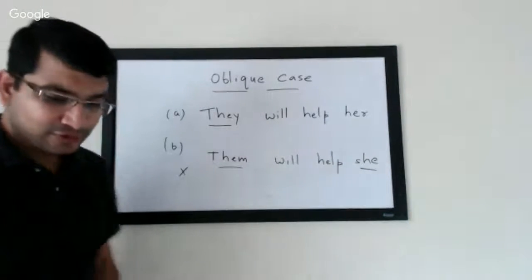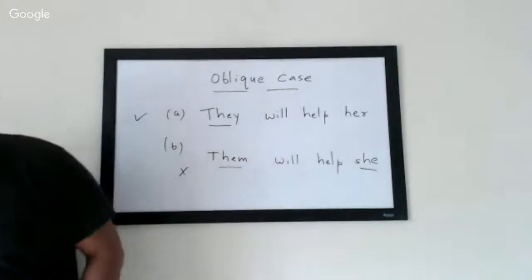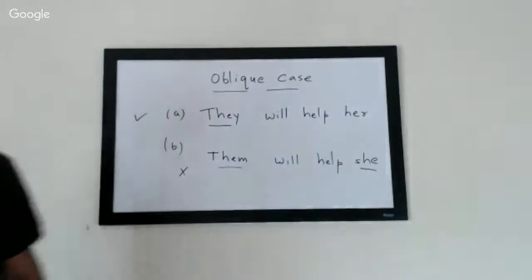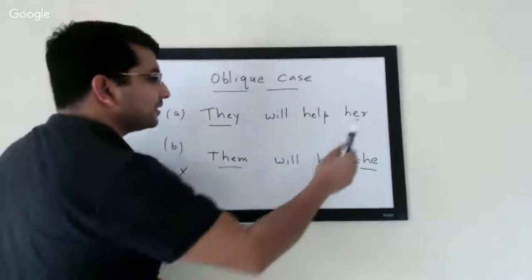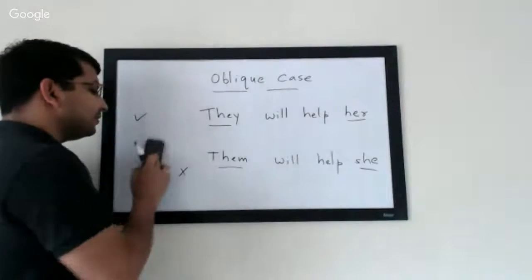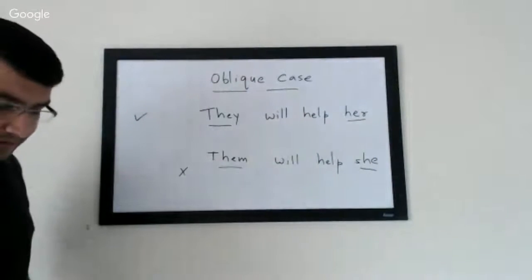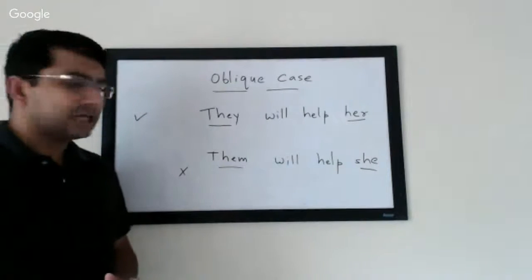Why do we prefer to use the first when we speak in English, right? We choose to use the first example: we will use "they", and in the end we'll use "her". But when we change the cases here, the sentence becomes grammatically incorrect, right?